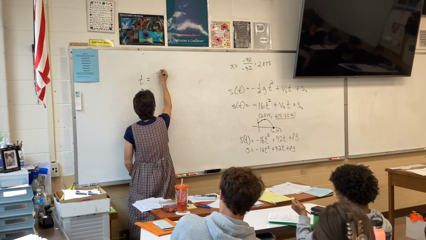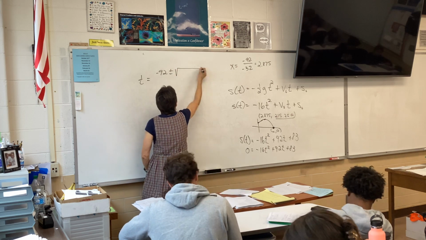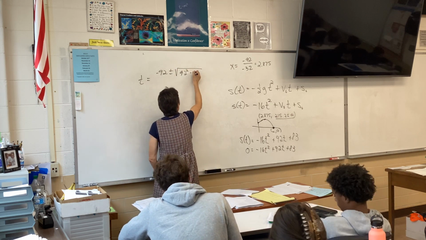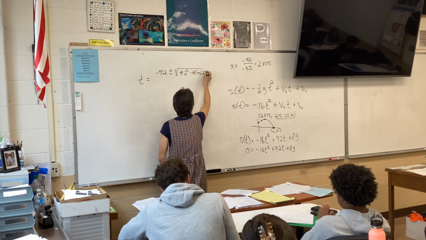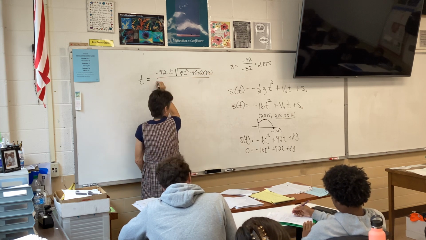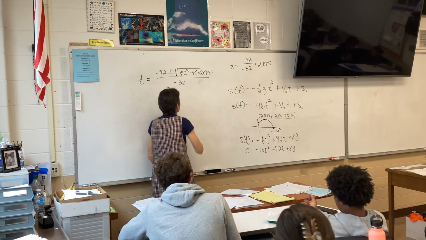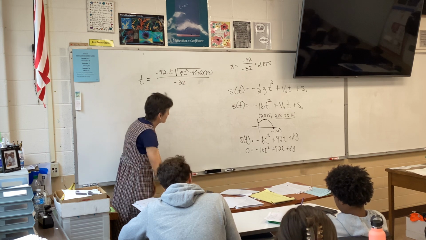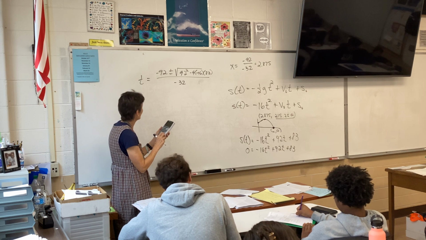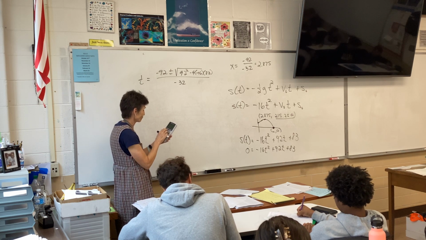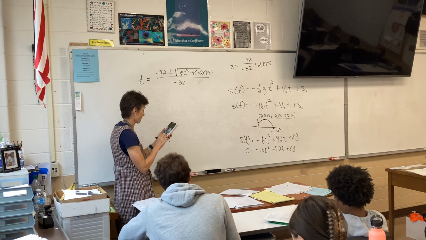So t equals negative 92, plus or minus the square root of 92 squared minus 4ac, all over 2a. You're gonna get two answers here, and one of them is gonna be negative, and we're gonna have to throw that one out.